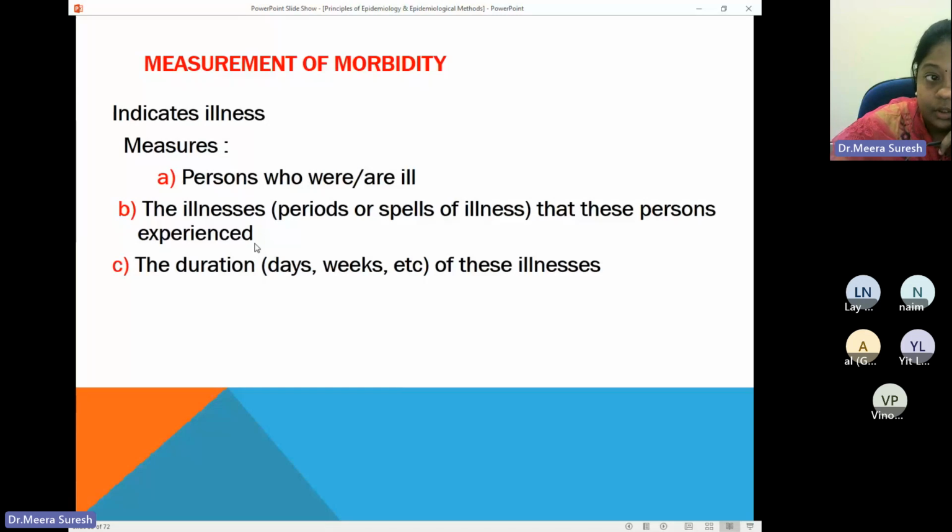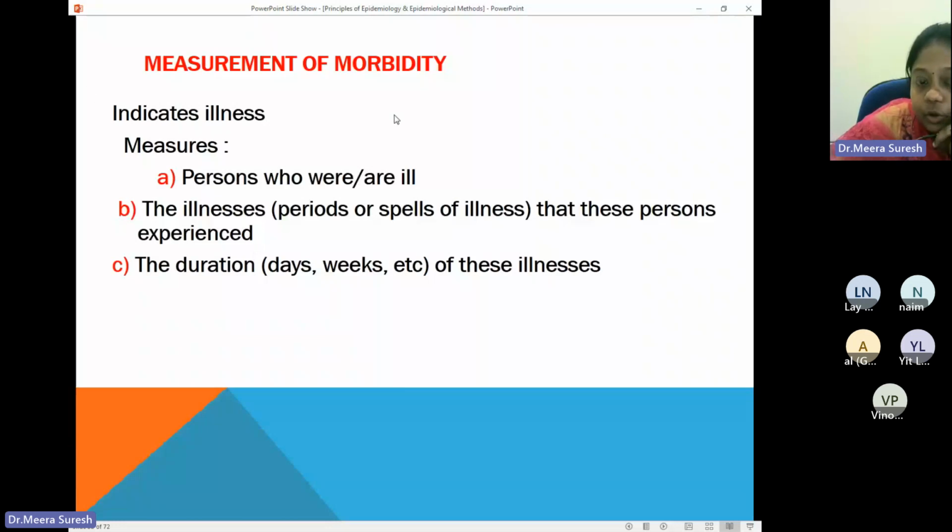They will have a series of appearances or spells. So maybe in January, they had it for 1 week, and then in February, there are no spells. And in March, again, it came for 3 or 4 days, and then it goes on like that. So that is a disease in which there is a recurrence, and spells keep coming up.